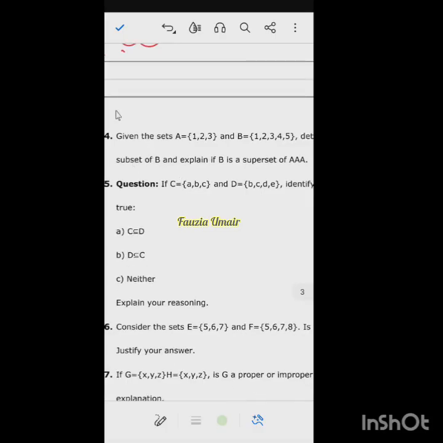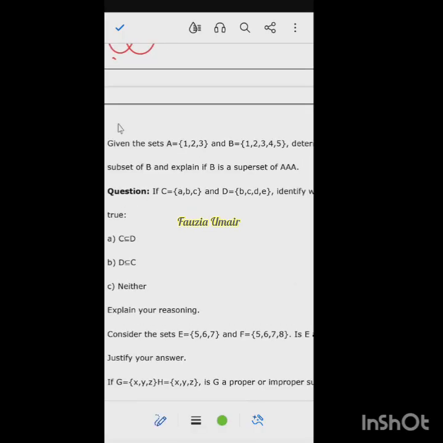So how do we explain? पहले तो ये बताएं, is A a subset of B? Yes, because all the elements of A are present in B. Very good. And we will write down because all elements of A are in B. ये बस एक, we have only one condition of subsets.